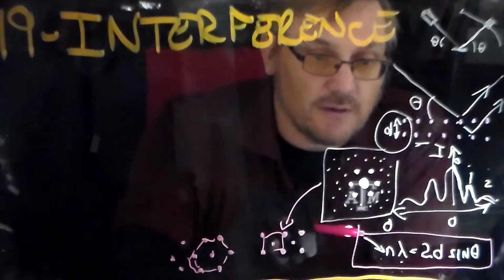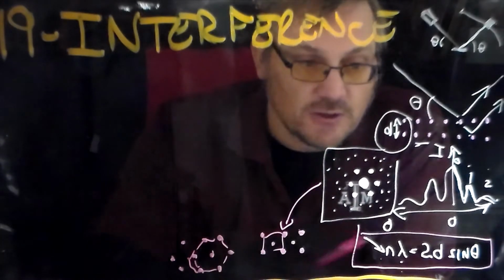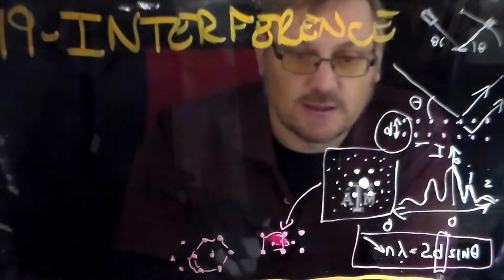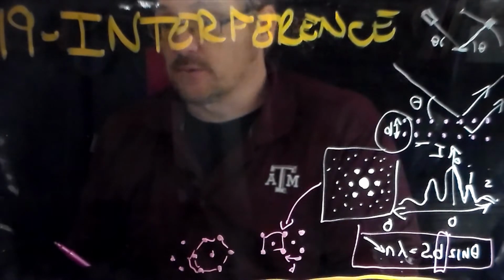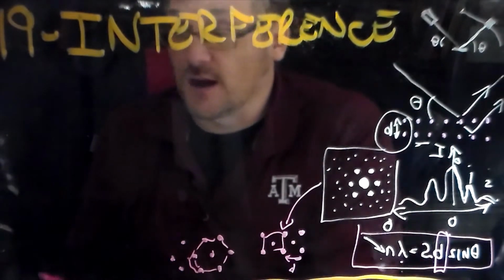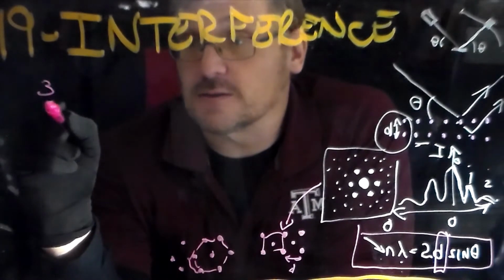So you can figure that out from these patterns here. This is probably enough to get us the thing we want, which is the lattice spacing, this distance between atoms here. Right? And that's good enough for a lot of things. I spent a lot of time working with just lattice spacings.